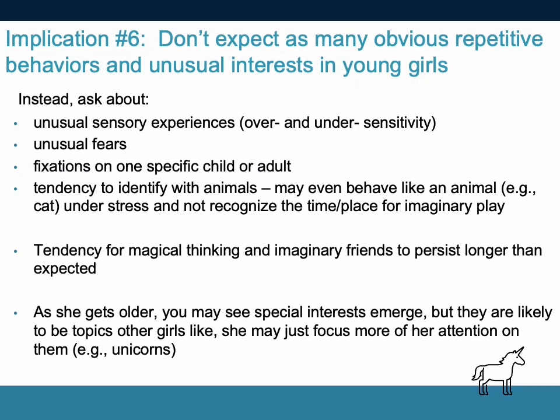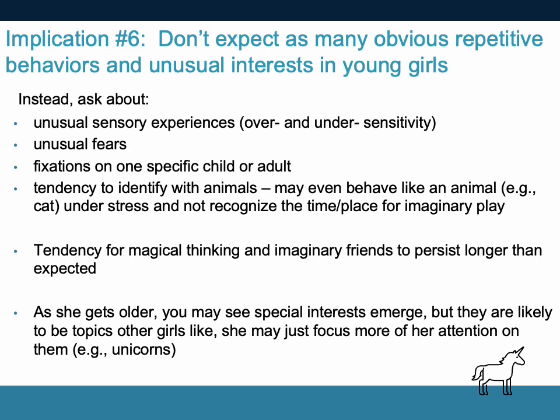The next suggestion is that we not expect as many obvious repetitive behaviors and unusual interests in the young girls we see. Instead, the literature, and here I'm drawing not just from research, but from some of the self-report accounts and some of the case study literature of adults, so this is a softer evidence-based slide.